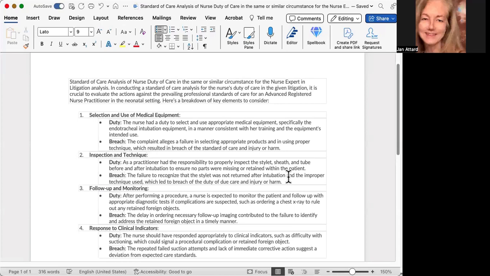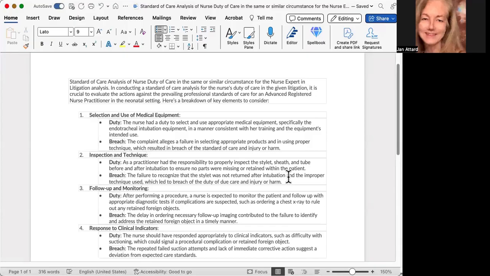Are we going up the chain of command? Are we telling the doctor? Are we making sure that the doctor acted? And if not, go up the chain of command again, documenting, intervening, getting equipment. The breach is not doing that, and therefore an injury, which would be the breach of the standard of care, which would make up that causal relationship.